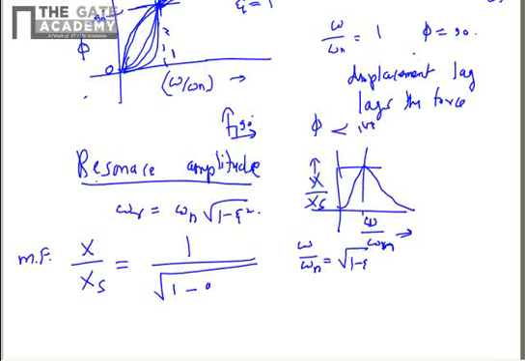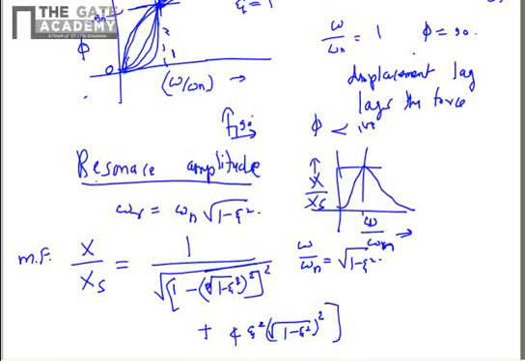So omega by omega n will be the square root of 1 minus 2z square, and this function is under the square root.